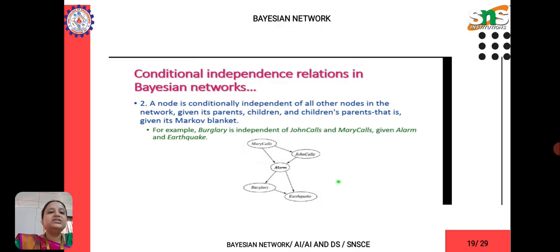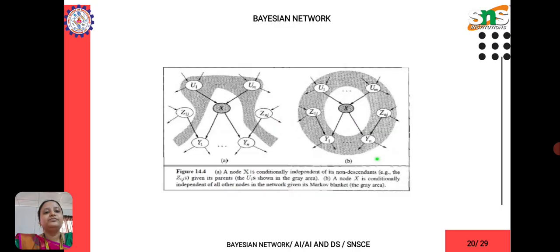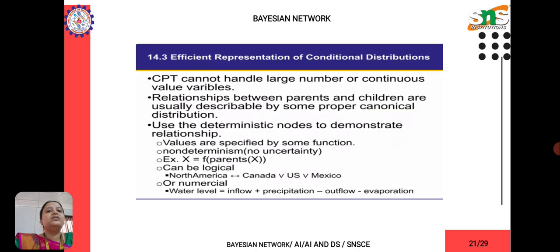Now, the conditional independence relations in Bayesian networks: a node is conditionally independent of all other nodes in the network given its parents, as I have already told you. Each child node is conditionally independent given its Markov blanket. So this is how you determine the different kinds of processes, how the Bayesian network evolves, how the parent nodes and child nodes are correlated, and how the process is executed.